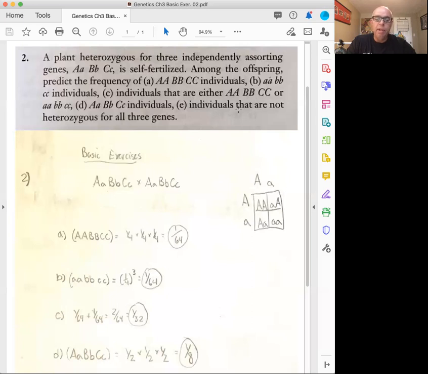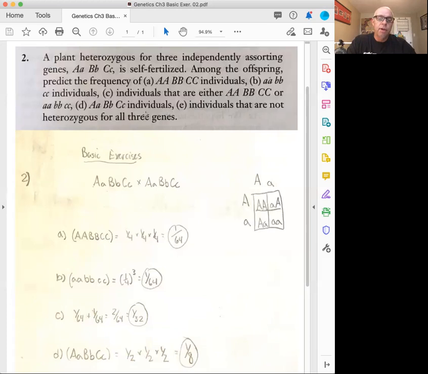D now wants you to predict the frequency of the individuals that are not heterozygous for all 3 genes. We just calculated the frequency for individuals that are heterozygous for all 3 genes.